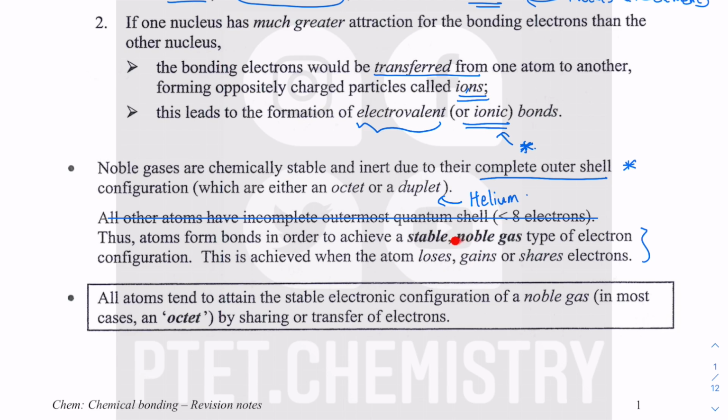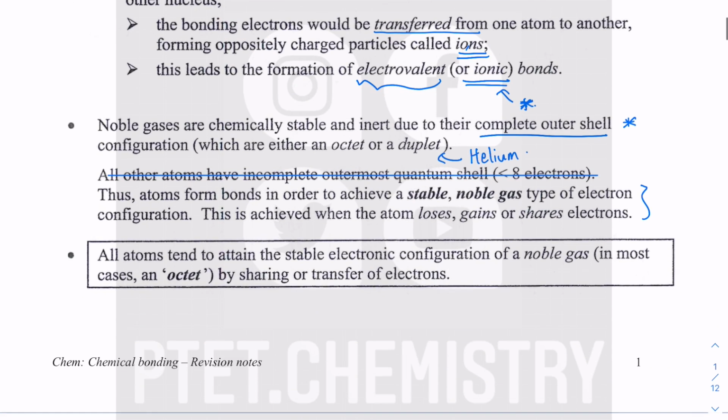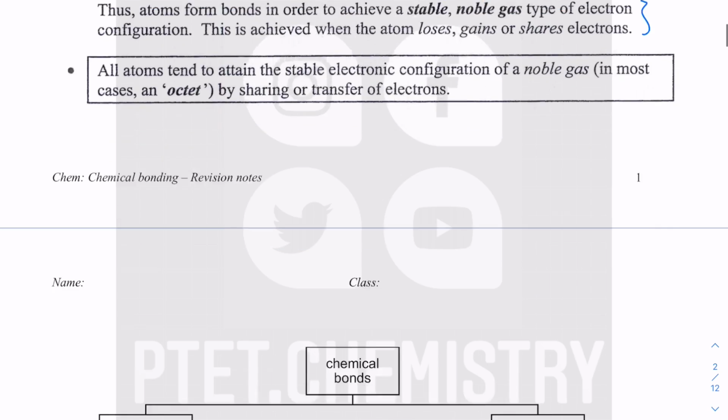That is what gives rise to ionic bond. When they have equal attraction for the bonding electrons, it will lead to sharing of the bonding electrons, which leads to covalent bond, or in the case where the atoms are metallic, then you get metallic bonds. This is basically just reiterating what I just said earlier.